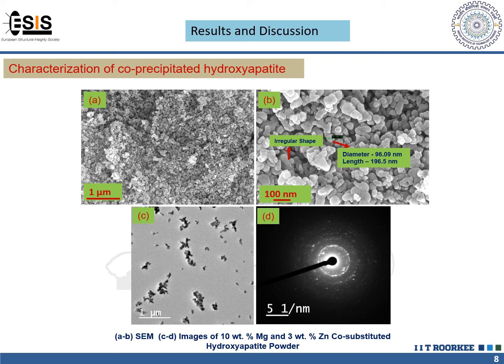Here we can see the powders were of irregular shape, with a diameter of around 96.09 nanometers and a length of around 196.5 nanometers. Figure C shows the transmission electron microscopy. Here we can see that the powders were of irregular shape, and D shows the diffraction pattern of the powders. It shows the semi-crystalline behavior of the powders.